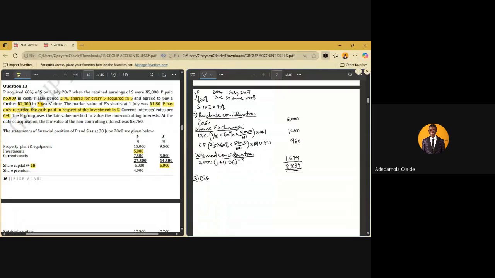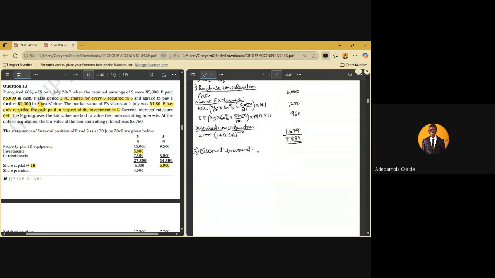Because we have this deferred consideration, I'll quickly calculate my discount unwound. I'll do the discount for year 1 first, so I'll set out the year, opening balance, interest at 6%, then closing balance.